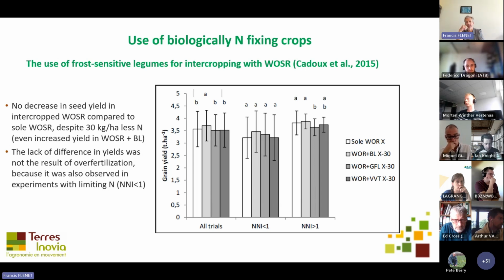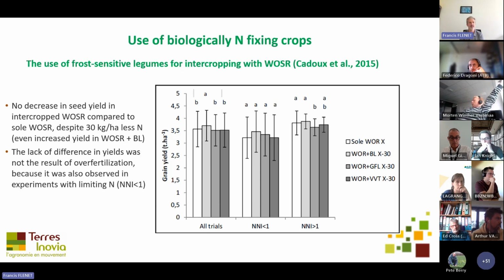The treatments were sole winter oilseed rape, receiving a nitrogen rate calculated with a decision support system, and the winter oilseed rape intercropped received 30 kilo of nitrogen less than the calculated value with the DSS.